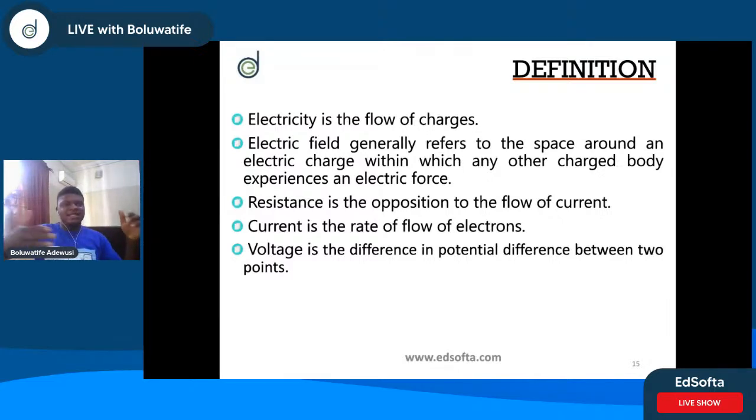What happens is that current tends to flow from a point that has a higher potential to one that has a lower potential. So the difference between the two potentials could be big or it could be small. That difference is what we refer to as voltage.